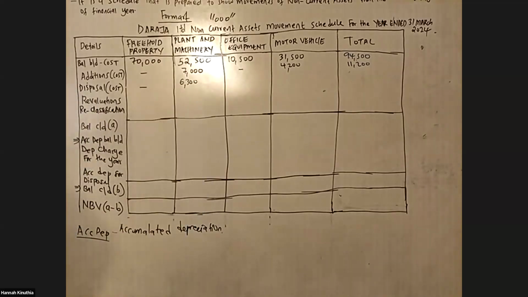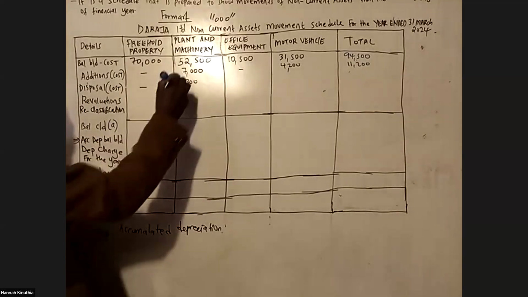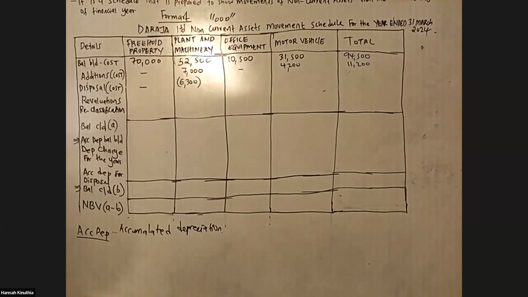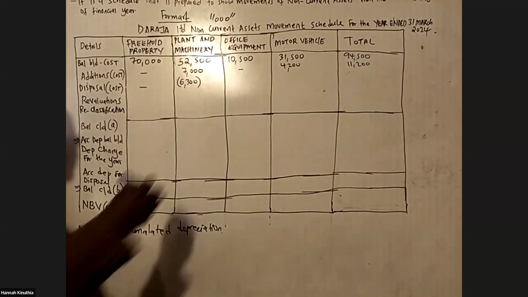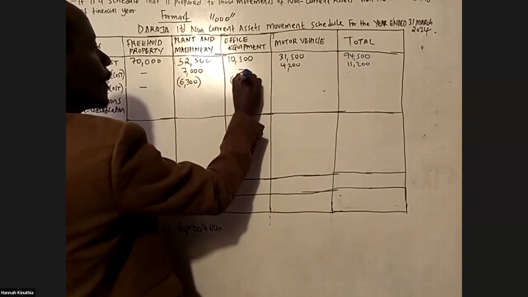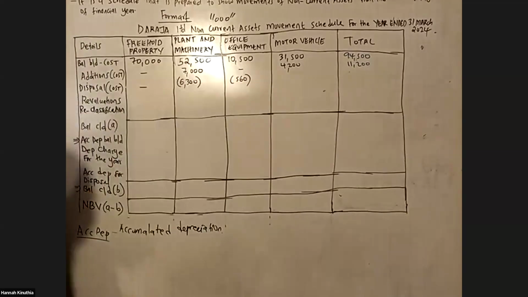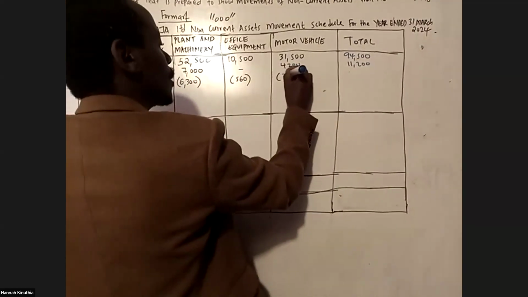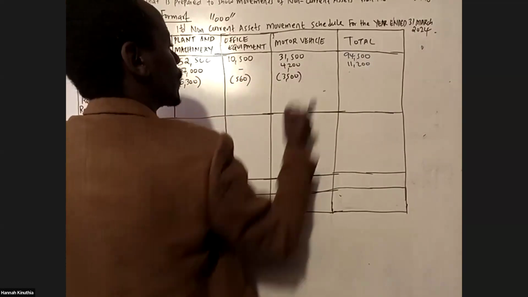Office equipment, they also disposed of, at 560. And they also disposed of a motor vehicle at 500.